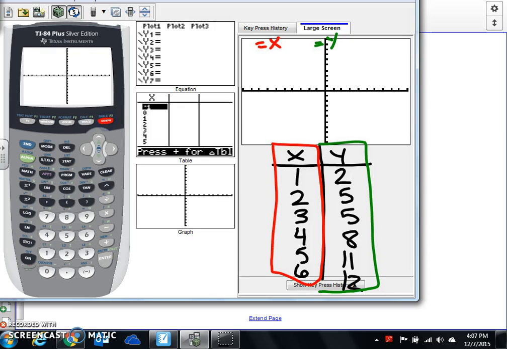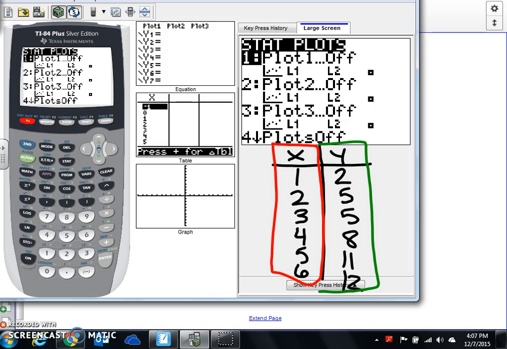Now this is important. If I go to graph, nothing's going to show up, okay? So what I need to do is turn my stat plot on. If you look at the top buttons in blue, right above y equals, it says stat plot. So I need to press second, y equals. Your calculator should have it off.